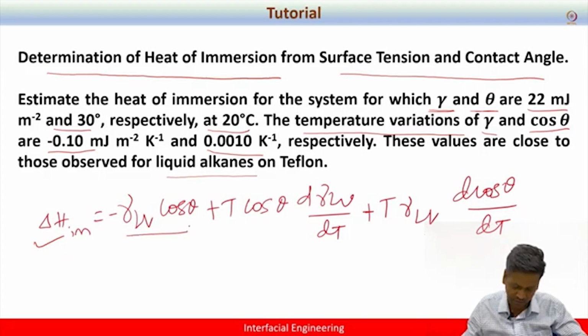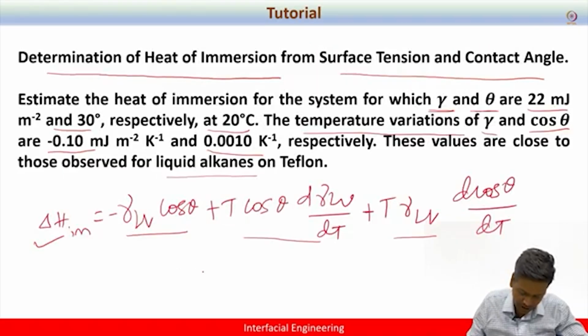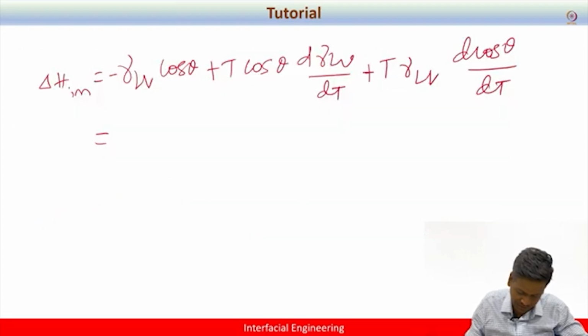The first term is all about gamma cos theta. The second term is T cos theta times the variation of gamma in T, plus T gamma times the variation of cos theta in T. These data have been given. So let's plug in these values. The gamma LV is 22 millijoule and theta is 30.